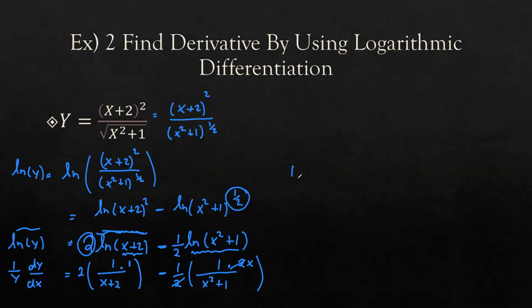So on the left, you're left with 1 over y dy/dx equals 2 over x plus 2 minus, see the 2's cancel, so you're left with negative x over x squared plus 1.